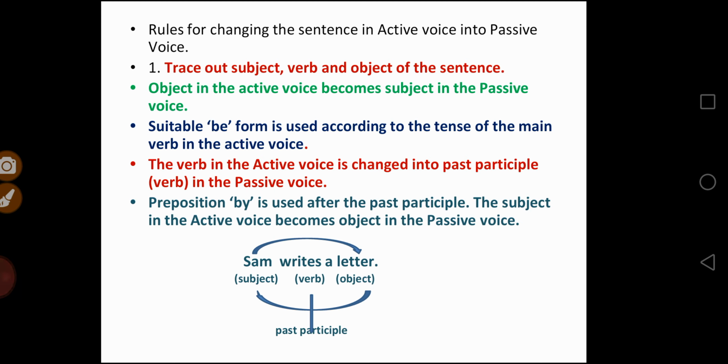Next, the verb in the active voice is changed into the past participle in the passive voice. Preposition by is used after the past participle. The subject in the active voice becomes the object in the passive voice.